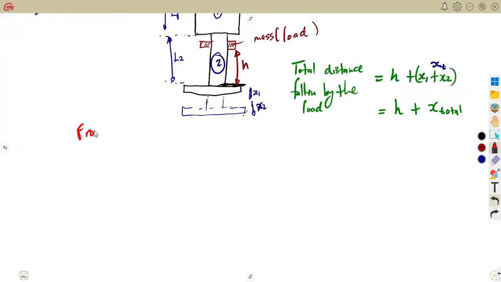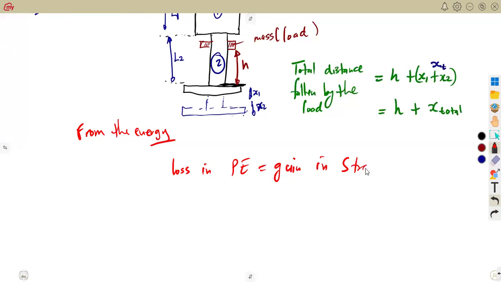So we can conclude now from the energy. Remember, there is a loss in potential energy which just happened there. So we are going to relate the loss in potential energy to what? To the gain in what? In the strain energy.